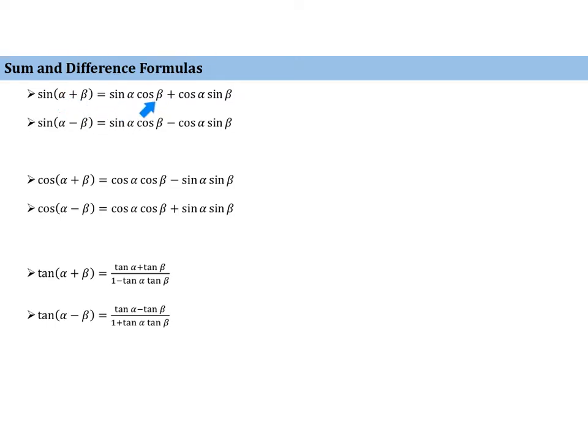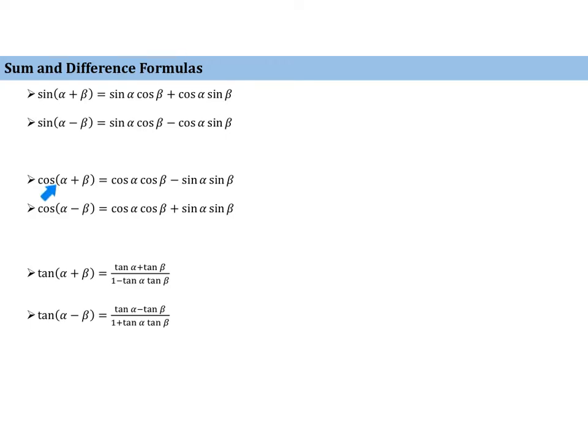We have a positive, we have a positive. Here we have sine, cosine, cosine, sine, and the sign remains the same. So there's a good little chant for you there that if you have sine of a sum or a difference, you're dealing with sine, cosine, cosine, sine, keep the sign.